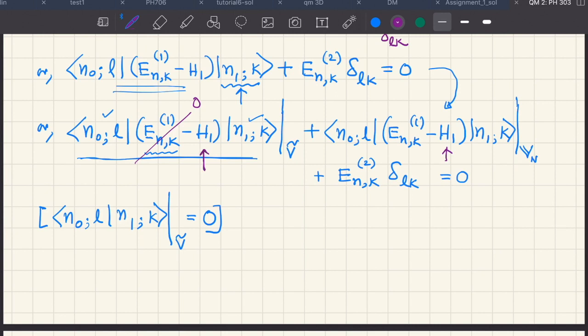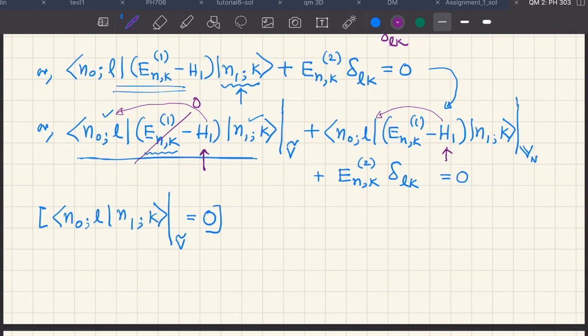And in both these equations, H1 can act on this object. The question is, we already know that H1 is diagonal in the degenerate subspace, but whether this N0L, when operated by H1, will yield an eigenvalue of H1 or not.